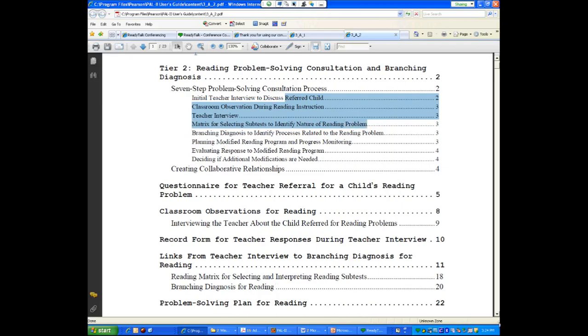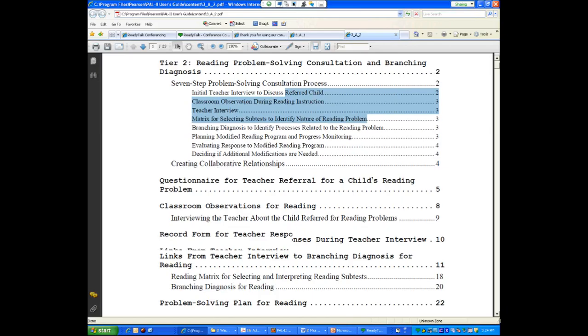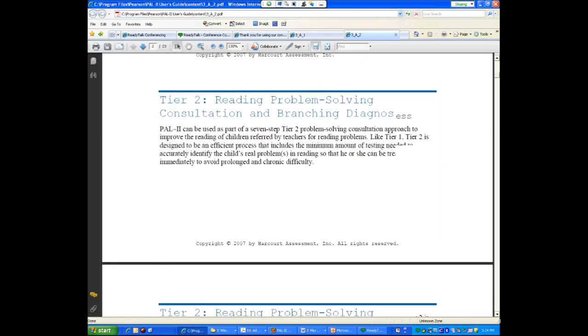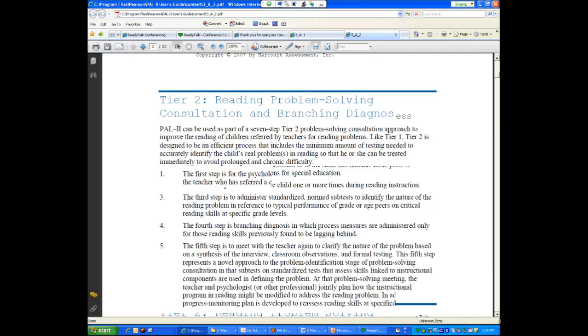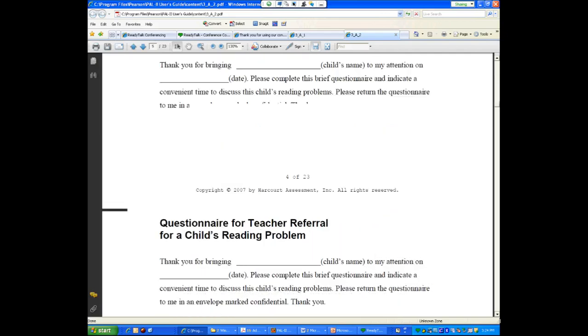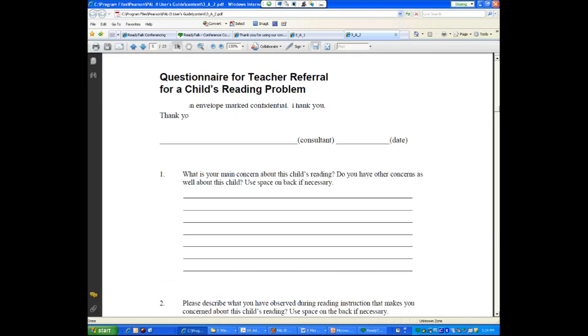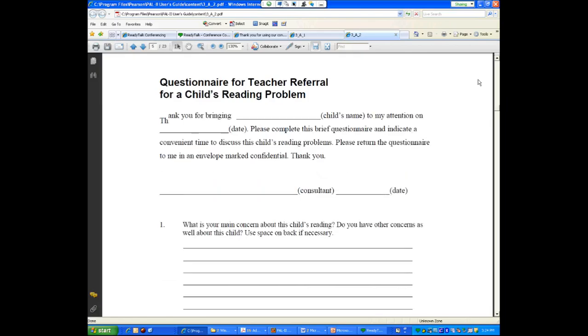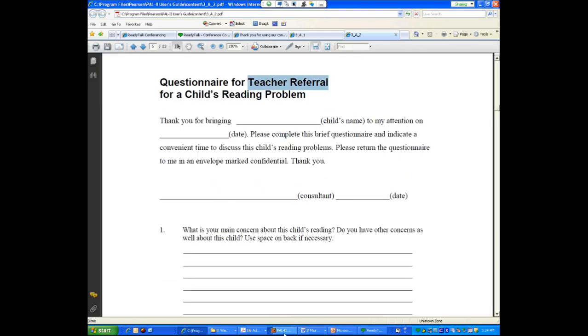There are some interview forms that are included toward the back of this particular document, like here, for example, a letter that you can use to get the teacher to submit the referral. So a number of different components included here.